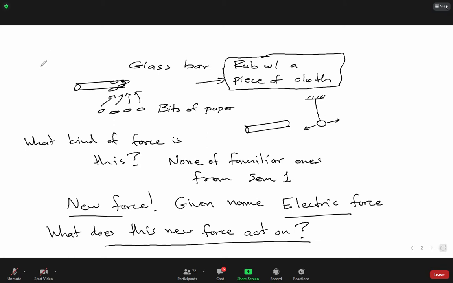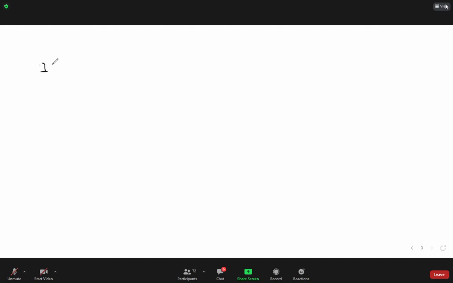Now, if you go back to the very beginning of semester one, the very first thing that we talked about, or if you did it somewhere else, the first thing that you should have talked about there is the indefinable quantities, which are our starting point. And if you remember, we decided to use as our indefinable quantities mass, space, and time.